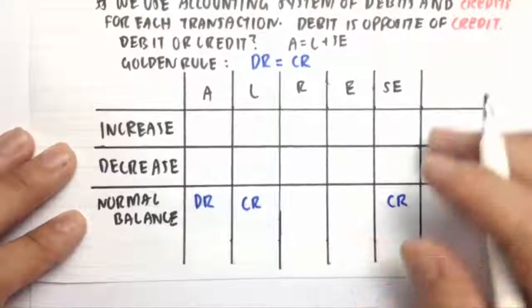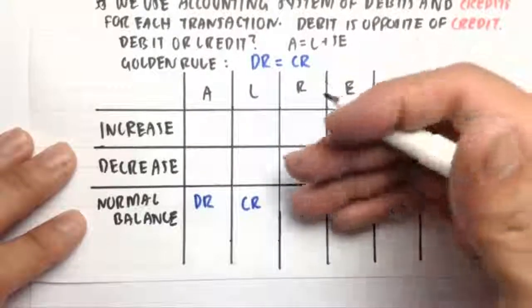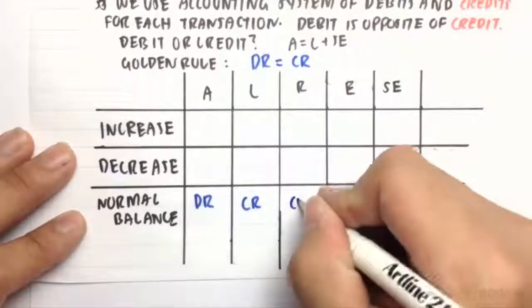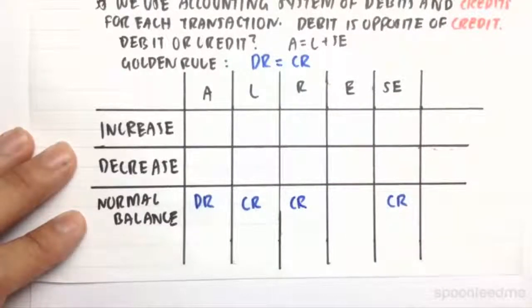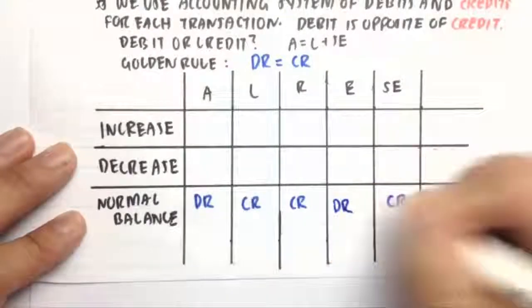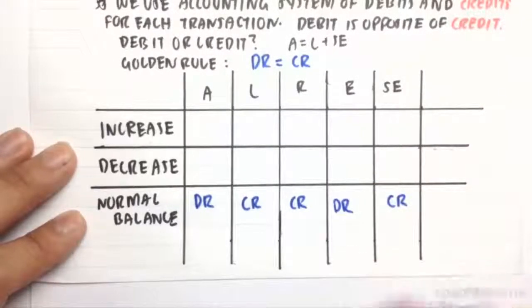Because our revenues increase our profit, which increases our shareholders' equity, this is considered a credit balance. And because our expenses decrease profit, which decreases shareholders' equity, we consider them having a debit balance, okay?